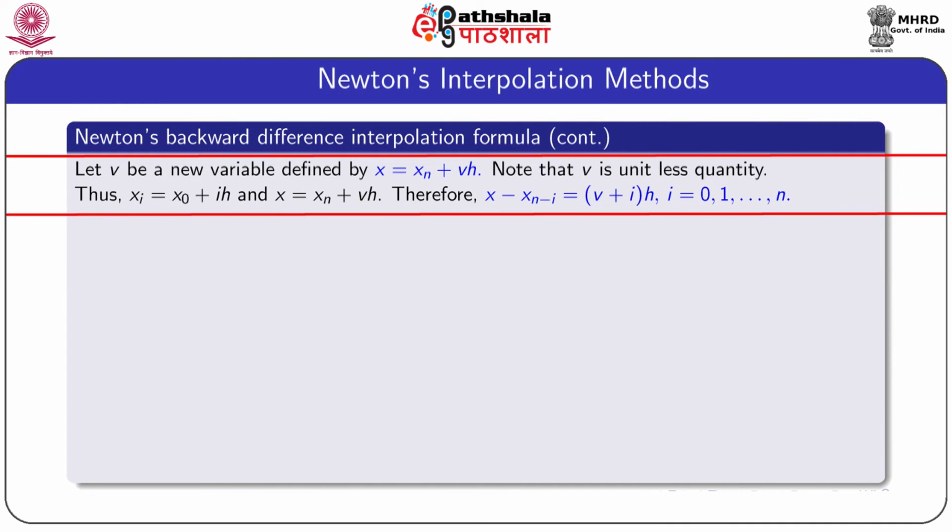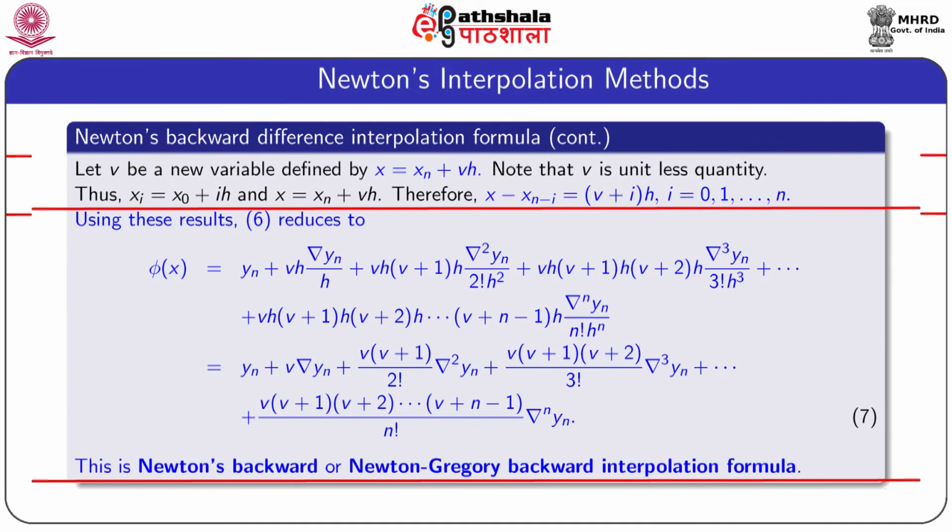Here we use the new variable v, which is also a unitless variable, where x equals xn plus vh. Since the arguments are equispaced, xi equals x0 plus ih, and also x equals xn plus vh. Therefore, x minus xn minus i equals v plus i into h, and this is true for all i equal to 0 to n. So, using these values, the polynomial phi x becomes this expression.